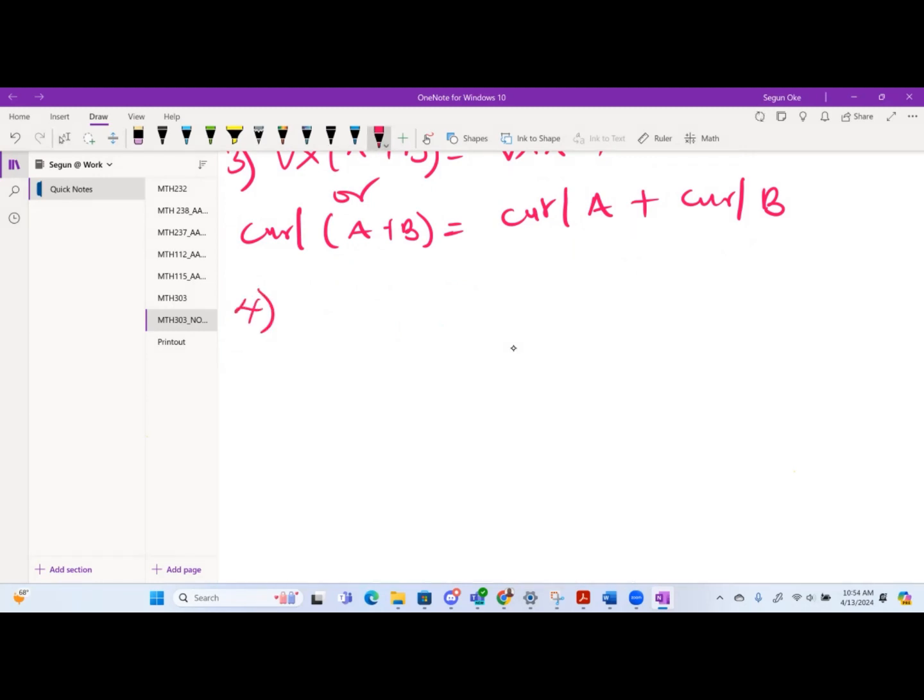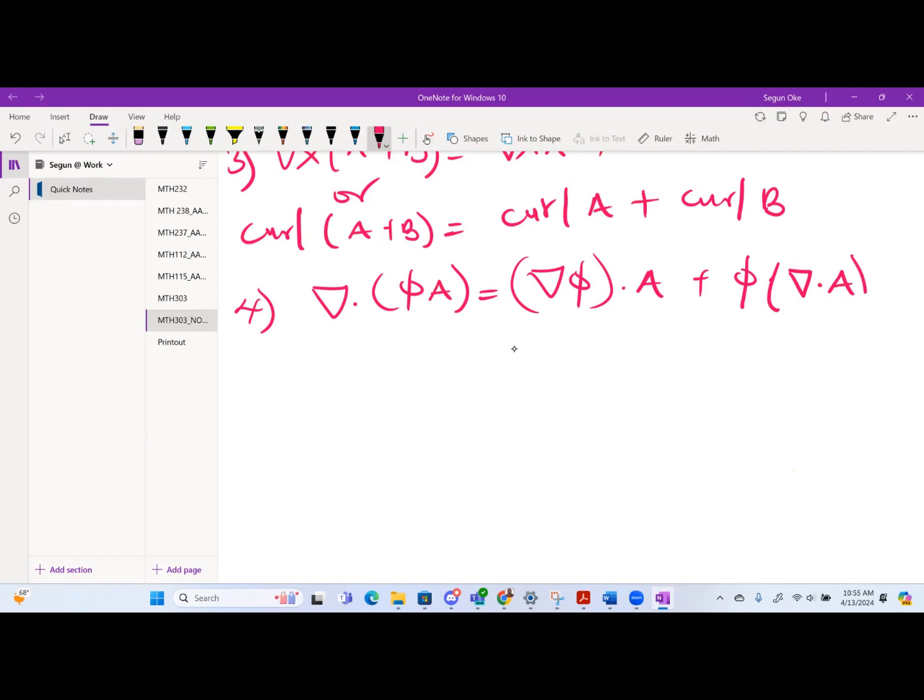It says when you have del of phi A, it will be del phi dot A plus phi in bracket del dot A. So take note of that. They are all useful for us.